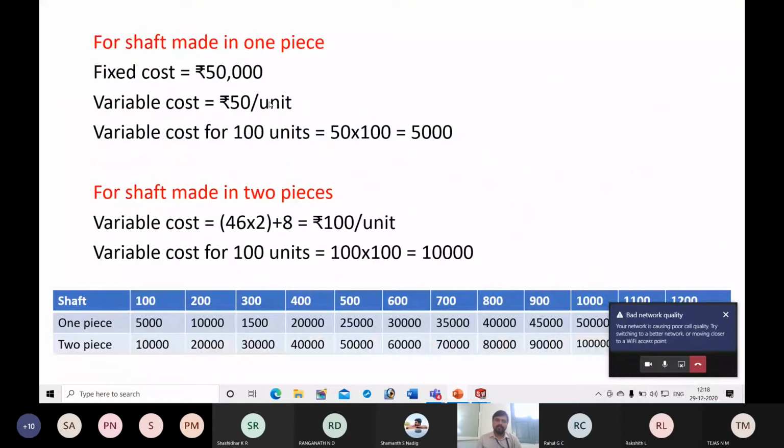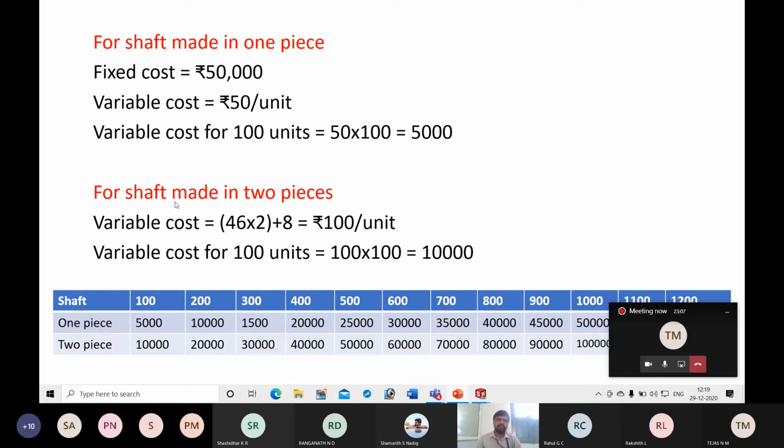Since it is per piece, here in this case a shaft is having only one piece, so per piece will become per unit. Then if you want to find out a variable cost for 100 units, for example, then 50 into 100 will give you variable cost for 100 units. That is rupees 5,000 is the variable cost for 100 units.